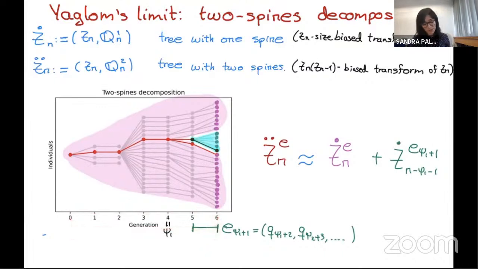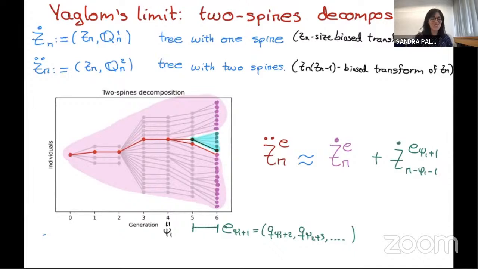But for the shorter spine, our environment starts in a different position. It starts here, at E_{C1+2}, E_{C1+3}, and so on. I put this here just to remember that our environment is changing. So the total mass here will be Z dot. It's a tree with one spine, but we start with environment E_{C1+1}, and we only need to move n minus C1 minus 1 generations.